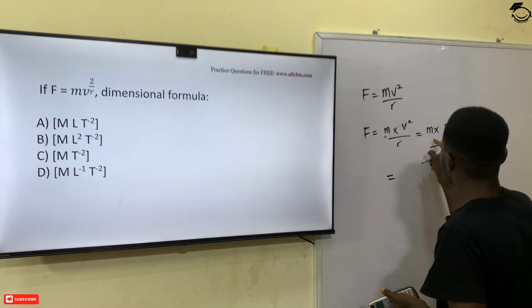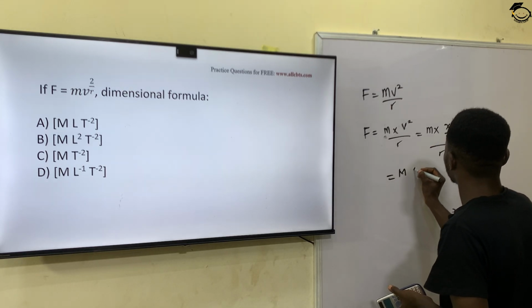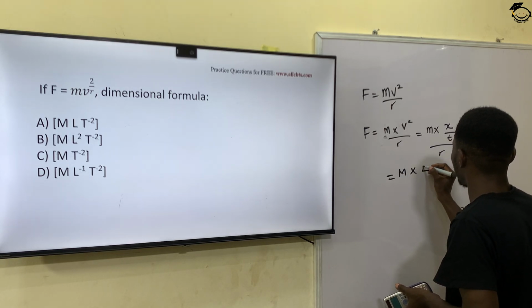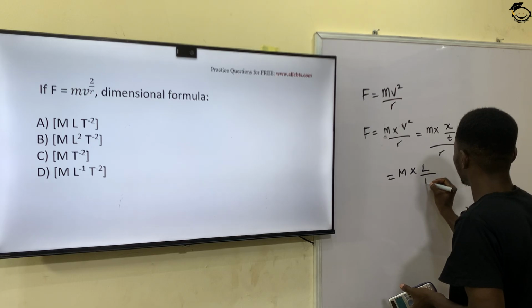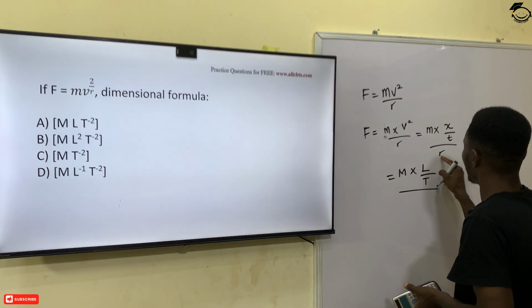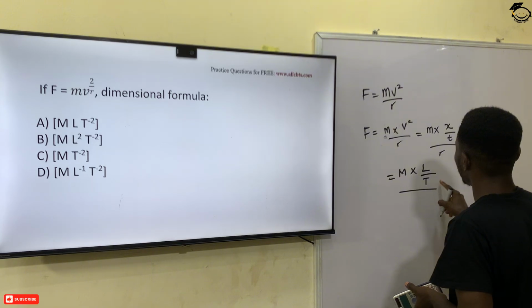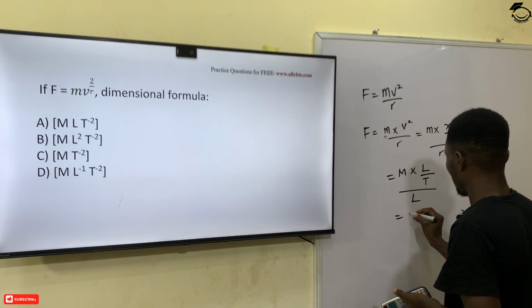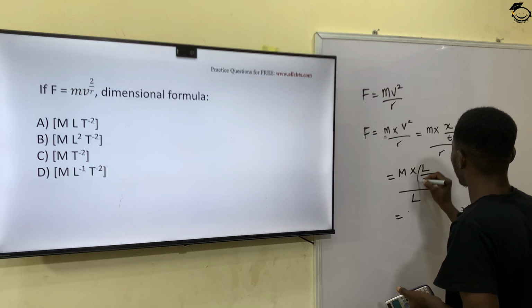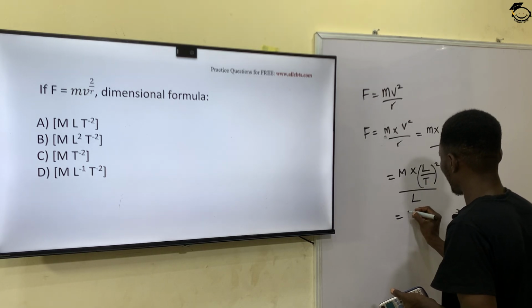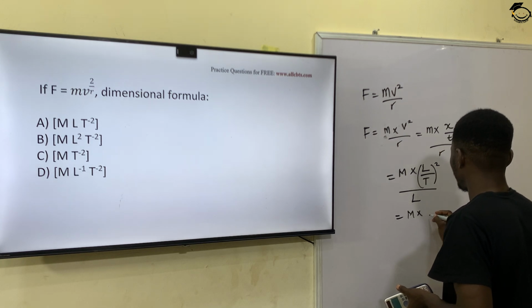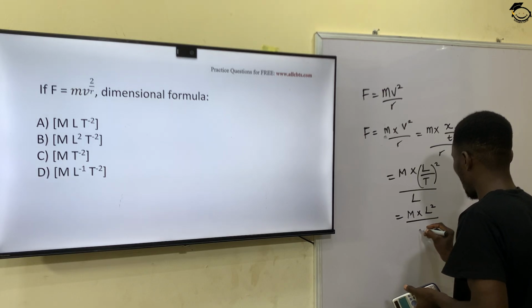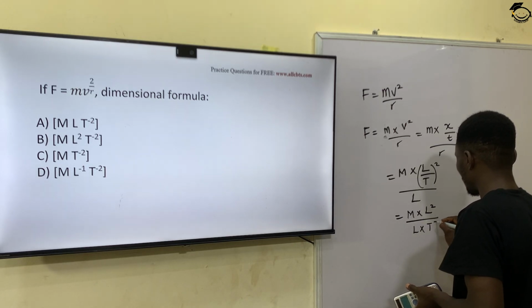So this will mean that I have mass times displacement, which is measured in meters, so it's a function of length over time, divided by radius, which is also a function of length. So it is still length. So this is squared. So I have mass times length squared over length times time squared.